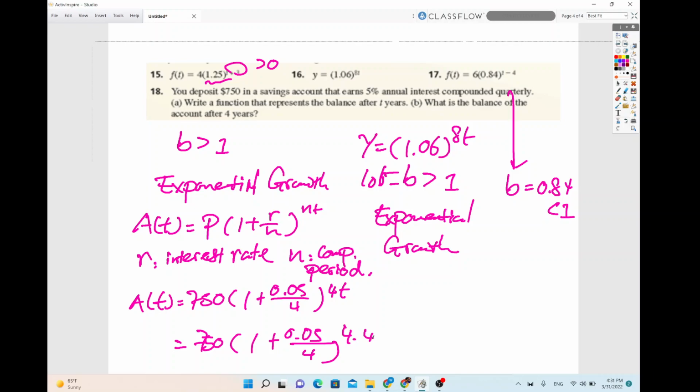Okay, and now the rest of this, you just want to put into the calculator and find out exactly what that is.